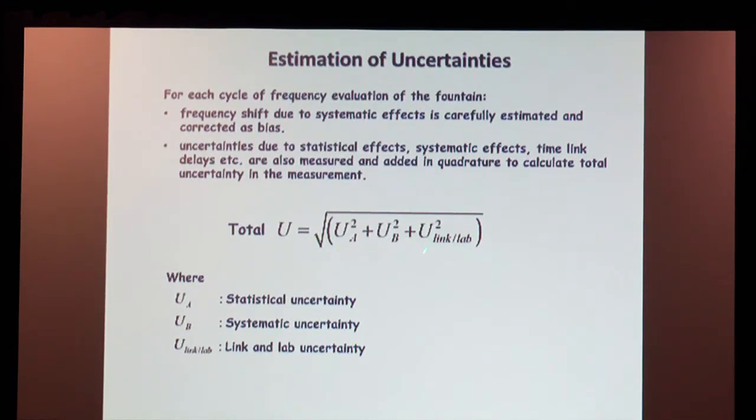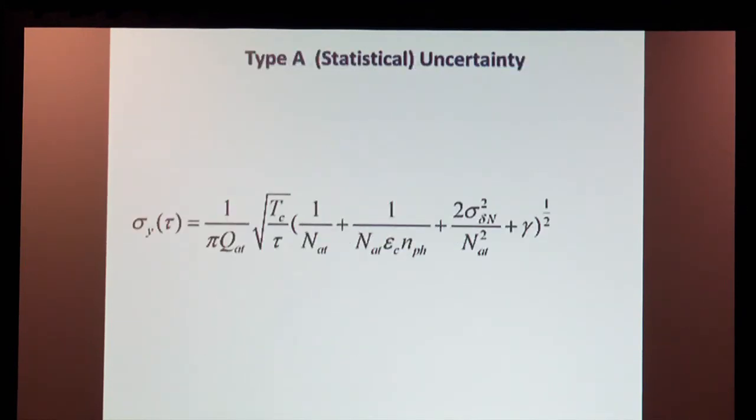Then there is an uncertainty in the comparison between your fountain and the rest of the world. If you want to contribute this data to BIPM, there has to be some uncertainty between your fountain and the BIPM because of the satellite link, through GPS or two-way time transfer.